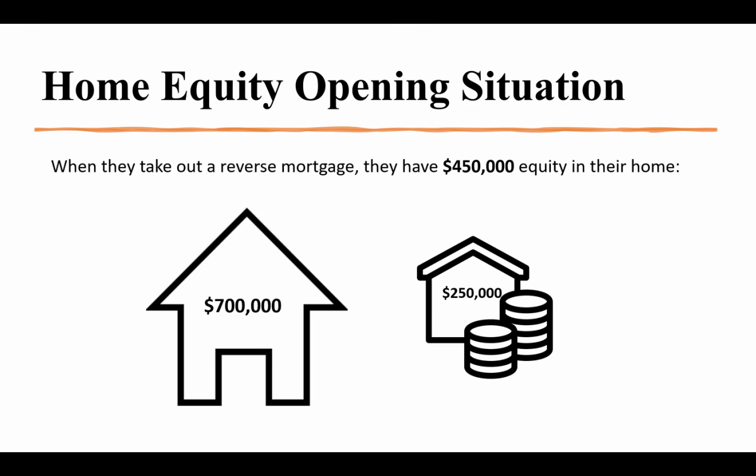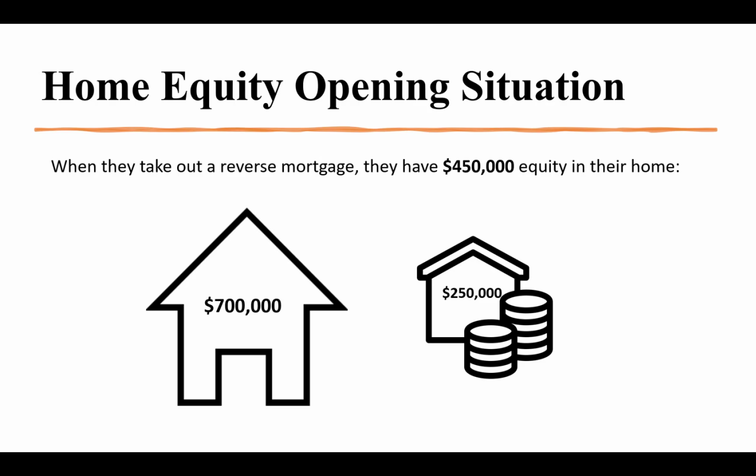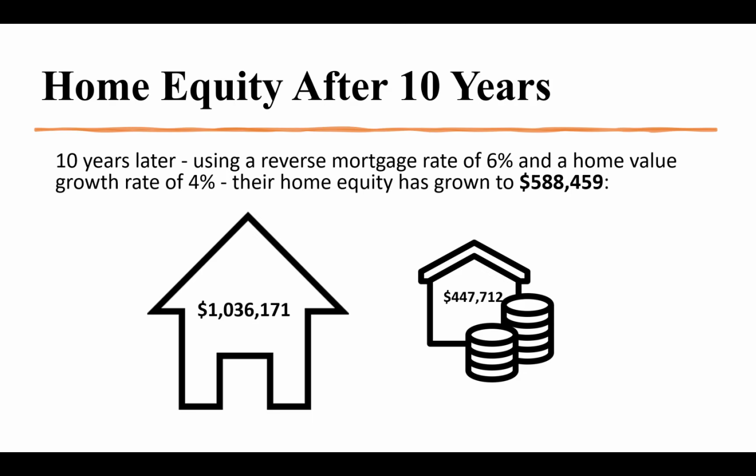So what happens, say, after 10 years? Well, if we use a reverse mortgage rate of 6% and a home value growth rate of 4%, which is reasonably conservative depending where you are in Canada, their home equity actually grows over 10 years to just under $600,000. So what's happened is, remember their house was worth $700,000. It's gone up to just over $1 million over 10 years, growing at 4% a year.